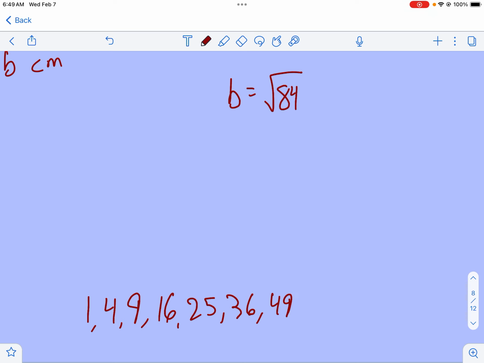Okay, so 49 is over half, I think, of 84. Yep, so 49 is going to be out. 36 is going to be out, I can just tell. 25 is going to be out as well. You know, 25, 50, 75, 100. I could try 84 over 16. That's out. 84 over 9. That's out. 84 over 4 I have a good feeling about, though.